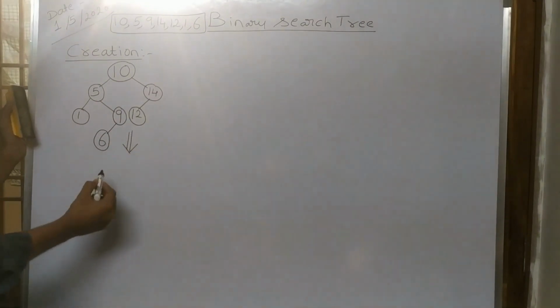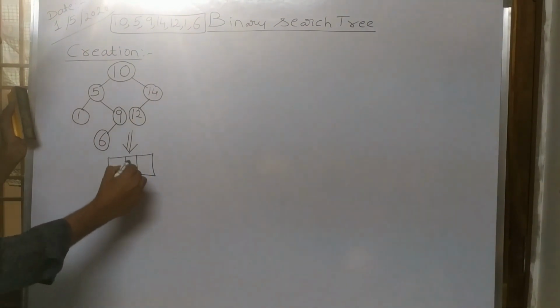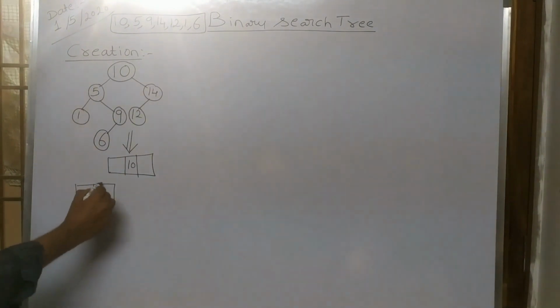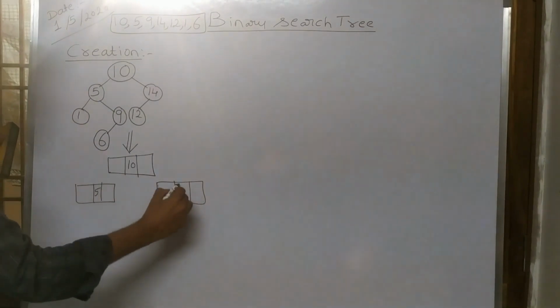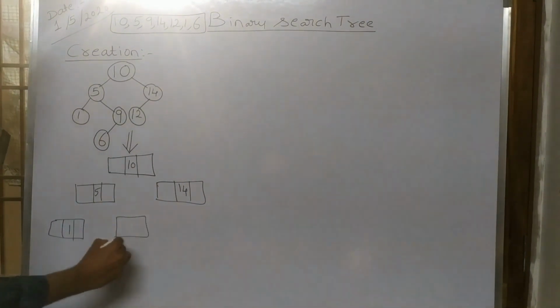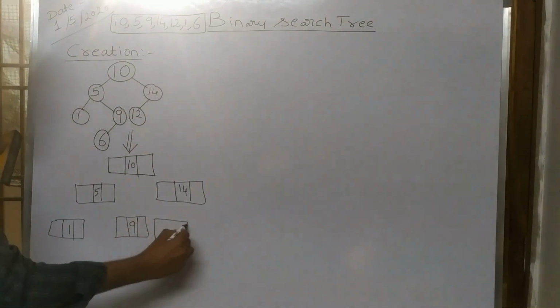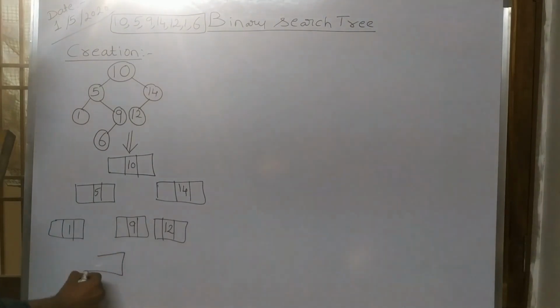First we are going to create one node with value 10, and node 5, node 14, node 1, node 9, node 12 and node 6.